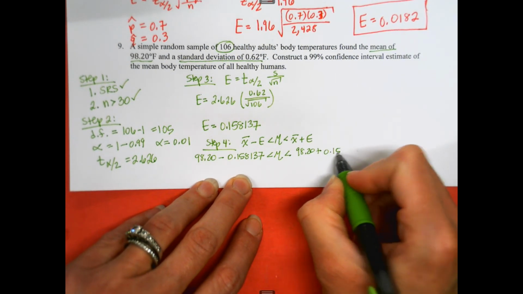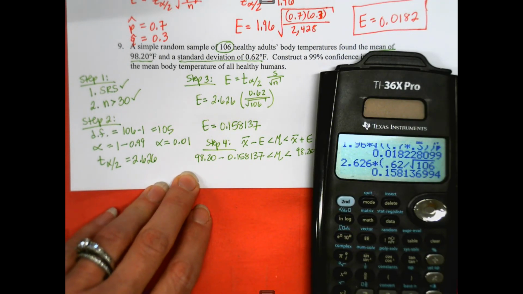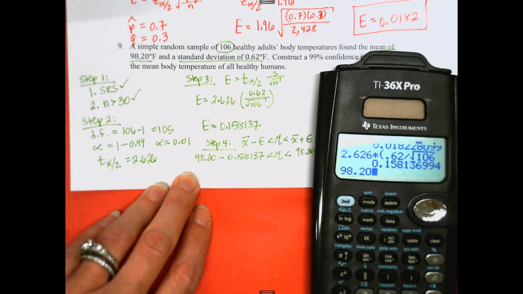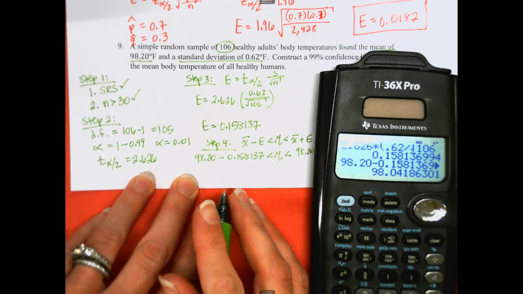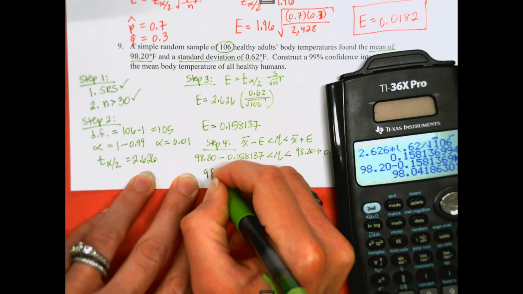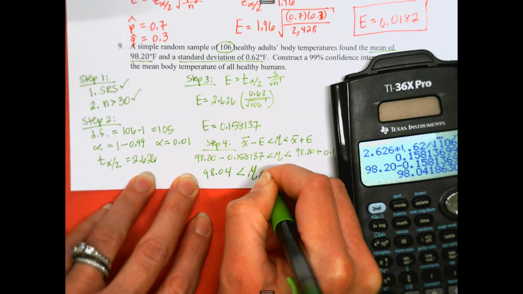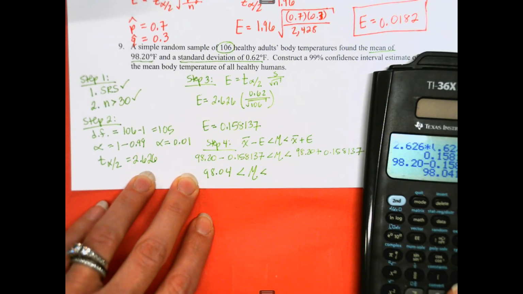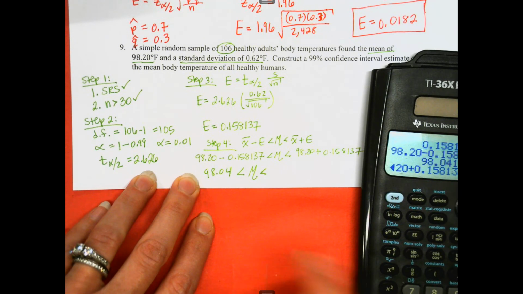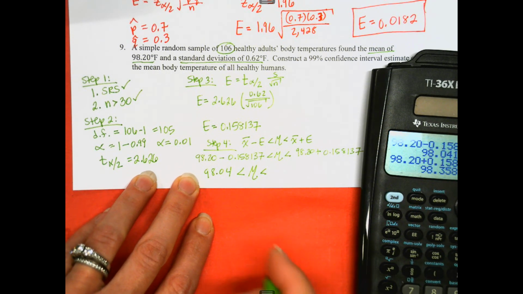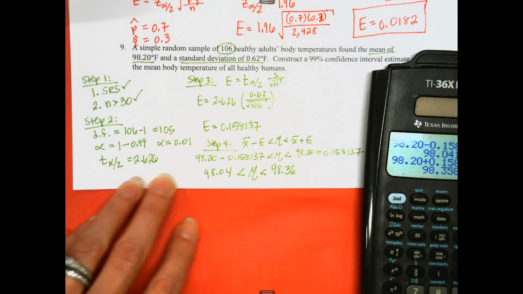So I'm going to take 98.20, subtract my margin of error, and I get 98.04. That's going to be less than our population mean, which is less than 98.36, which is the upper value.